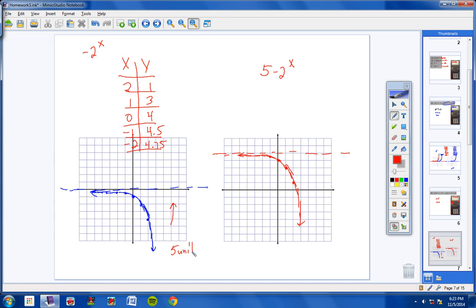Okay, so there we go. Look, guys, this point here went up 5. 1, 2, 3, 4, 5. Right here. Okay, this point here went up 5 units. 1, 2, 3, 4, 5. Right there. So all of these points here were shifted up 5 units, okay?